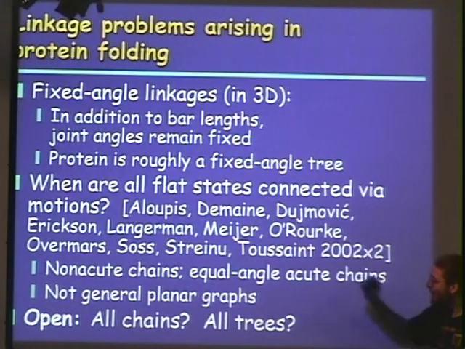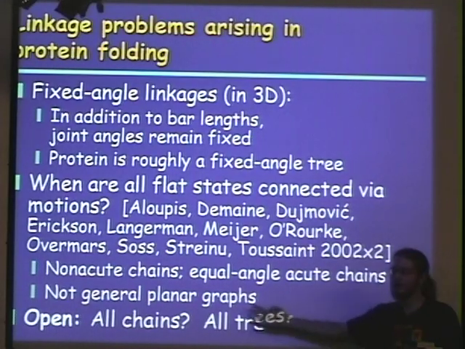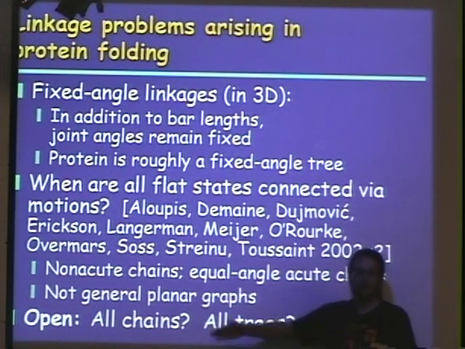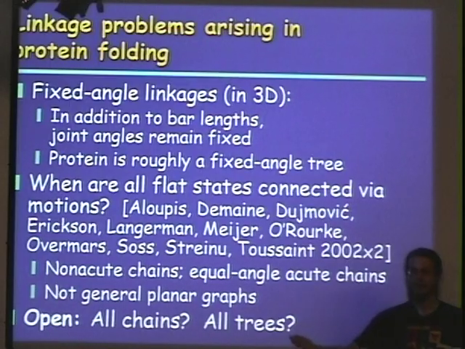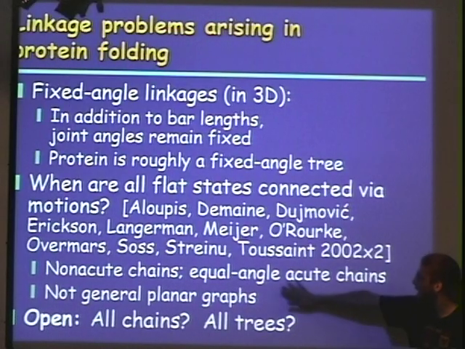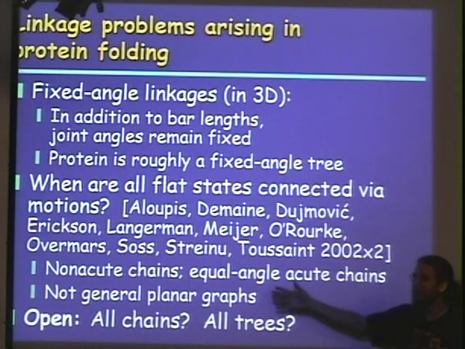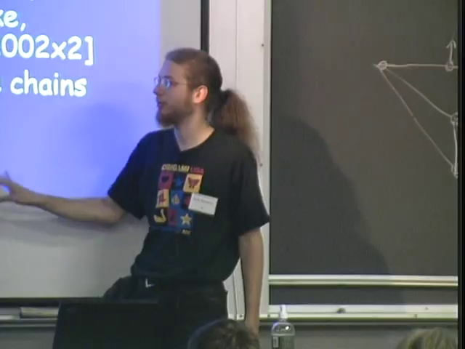And we don't even know whether all trees have this property or whether all fixed angle chains have this property. We do know some special cases like non-acute chains where all the angles are bigger than 90. Or if all the angles are equal and acute, we can do it. But for trees, we don't know. For planar graphs, the answer is no, you can't always do it. So there's a lot of interesting open questions here.